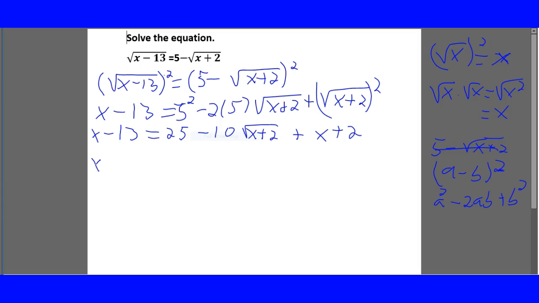So now we can combine like terms to simplify. You get 25 plus 2, that's 27, plus x, minus 10 square root of x plus 2.